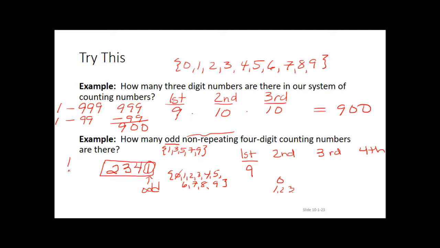So the number 1 is odd, the number 2 is even, the number 3 is odd, the number 4 is even, the number 5 is odd, the number 6 is even, the number 7 is odd, the number 8 is even, the number 9 is odd, the number 10 is even. Notice 10 has a 1 in it, which is an odd number, but it ends in 0, so it's considered even. The number 11 is odd, the number 12 is even.